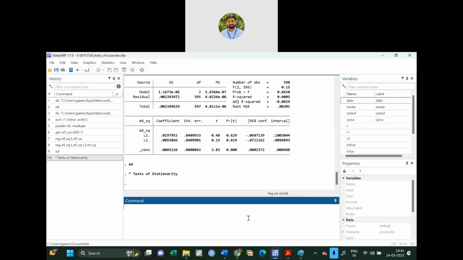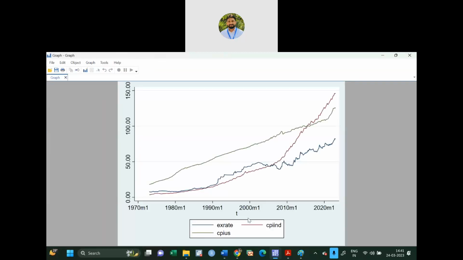Before we do the Dickey-Fuller test, what you can do is tsline, and plot the graph. X rate, CPI India, CPI US. Okay, and check that. So we plotted this yesterday as well. You can look at, all of them are simultaneously moving upward.